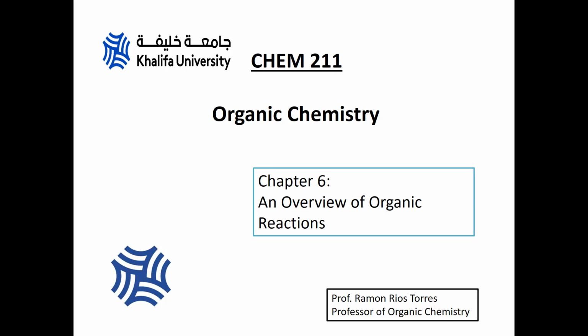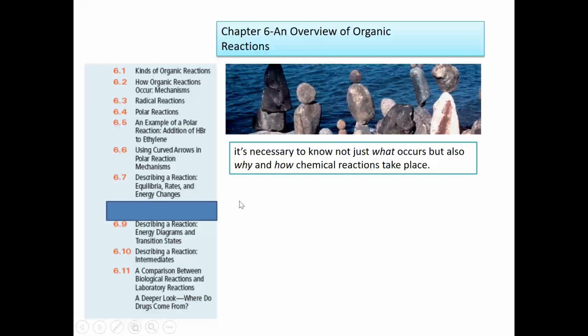Welcome to chapter 6, where we will see an overview of organic reactions. Basically, we will see kinds of organic reactions, how organic reactions occur, the mechanisms of organic reactions, radical reactions, polar reactions.